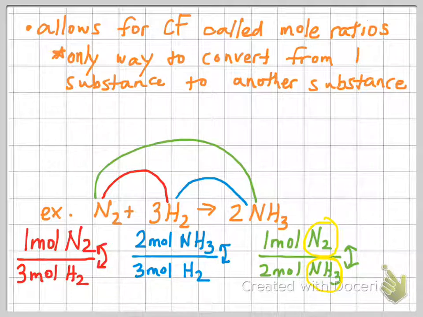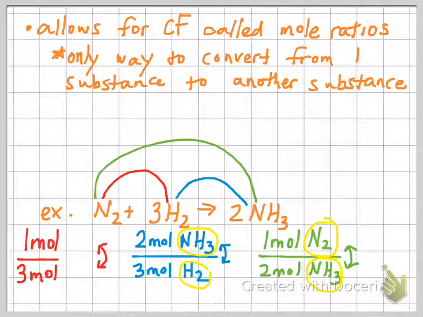It doesn't change. But notice what's happening here, right? I have different substances every time. If I leave those substances off, for example, if I take this red conversion factor of nitrogen and hydrogen, and I get rid of that nitrogen and hydrogen, that's not very useful for me.